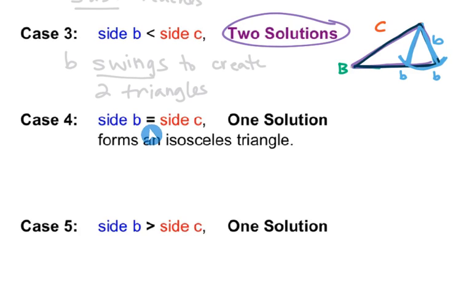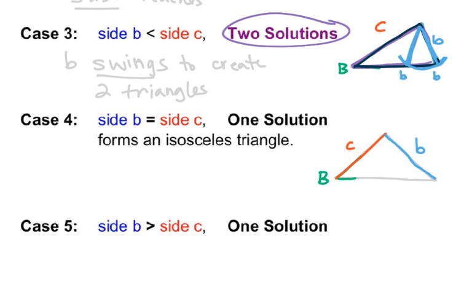So now we'll consider case 4. And what case 4 looks like is we have this situation where we have angle B and side C. And side B, which is opposite angle B, happens to be the exact same length as C. So even if I took that and I swung it around, it would stop right here.